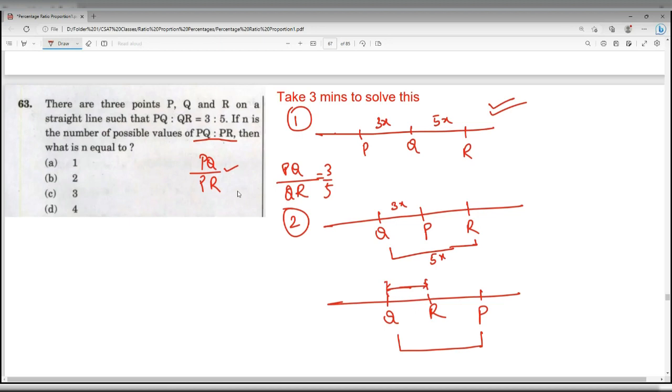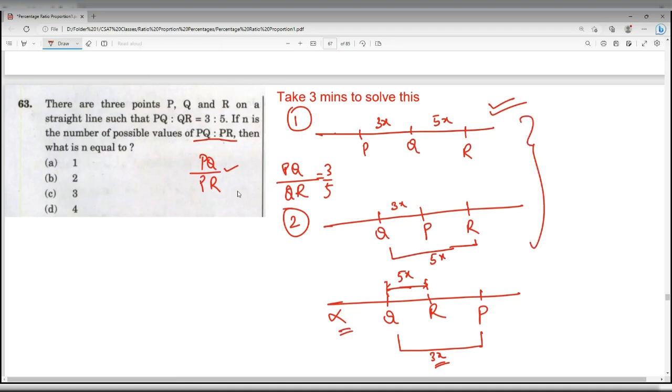If R is in the middle, QR would be smaller and PQ would be greater. So this cannot be 3x and this cannot be 5x. We can directly see that this case is not possible, because 3x should have been lesser than this value, but 5x is actually smaller than this value because it is in the middle. So only these two cases are possible.